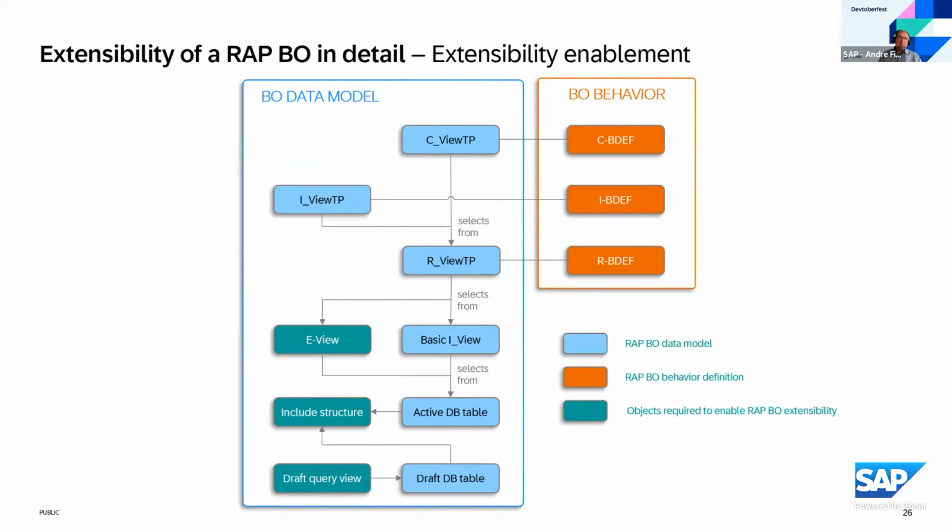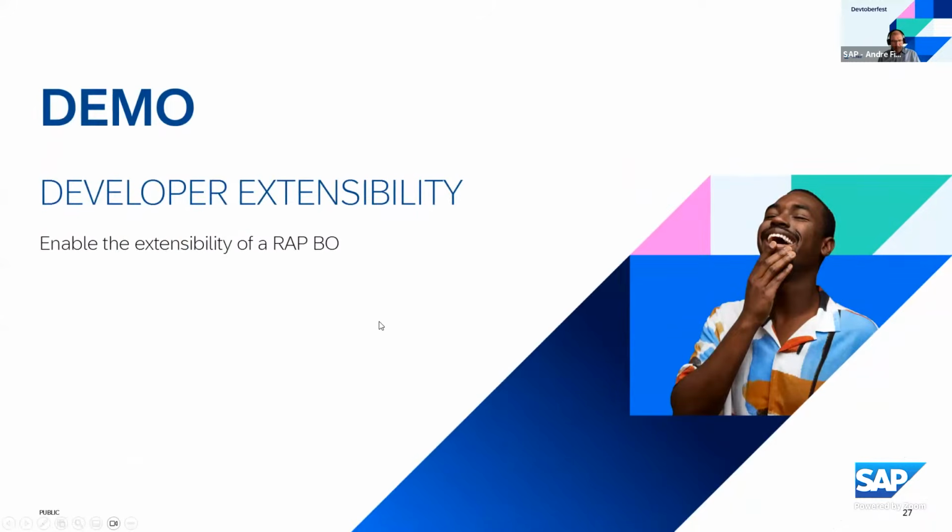That's the include structure where we add these additional fields. And on top of this, an extension include view, and we need an additional CDS view for the draft on top of the draft table. And when we have this, we can start to develop on top of this one.